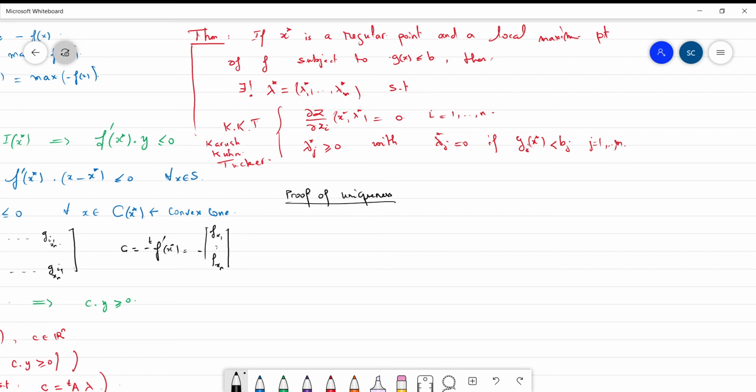Okay, proof of uniqueness. Suppose that we have lambda and lambda prime, that is, we use the condensate proof, lambda and c equal transpose A lambda prime.